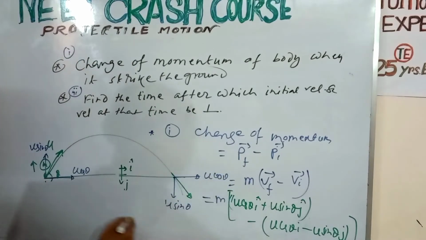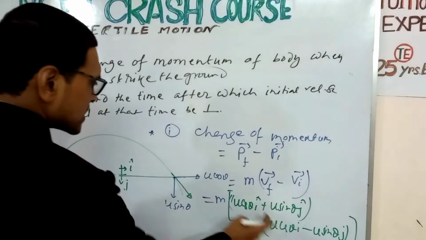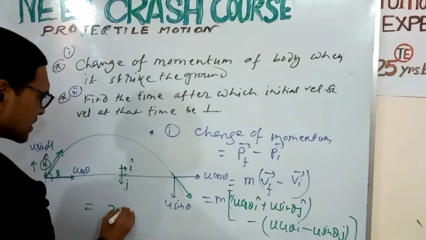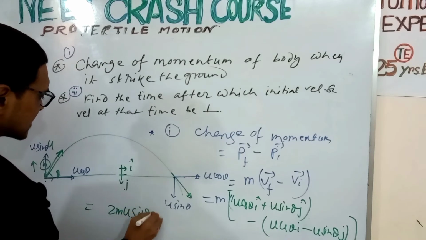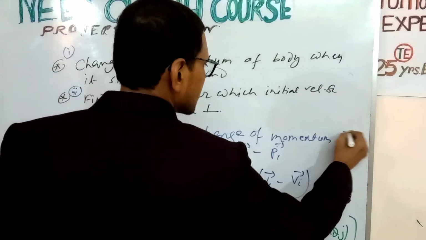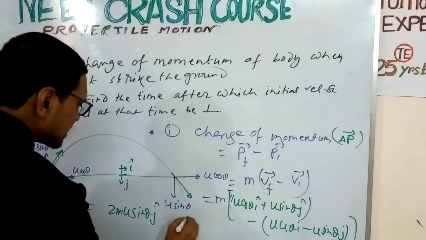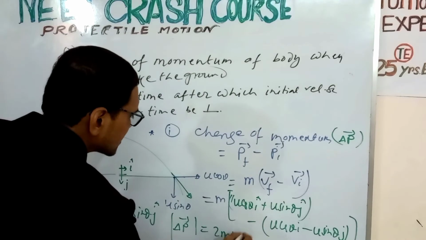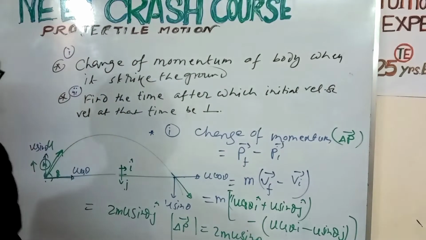So this is the change of velocity, in which u cos theta is cancelled. So the change of momentum is 2m u sin theta j, and the magnitude of the change is 2m u sin theta. This is the answer.